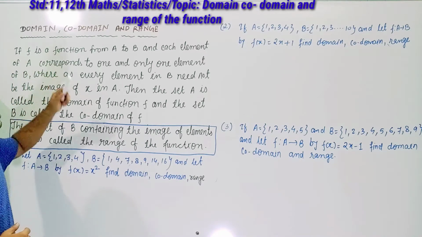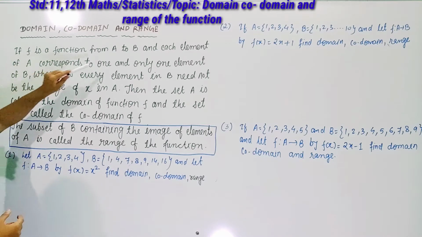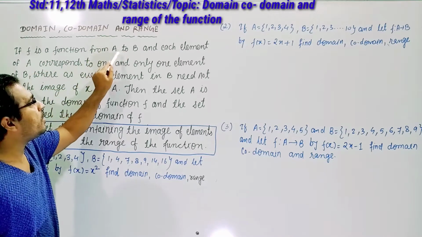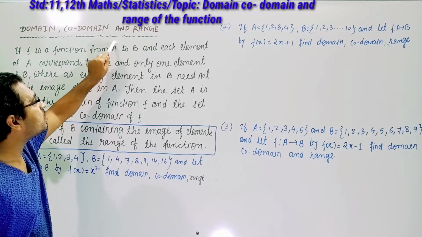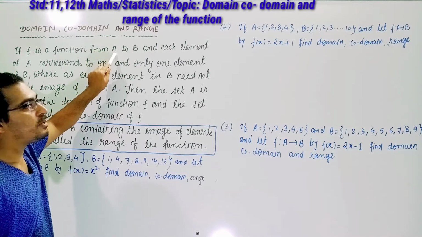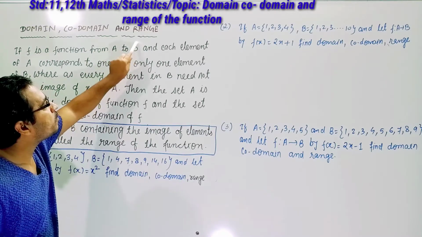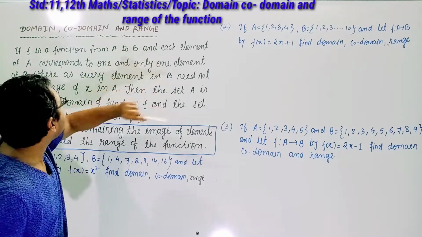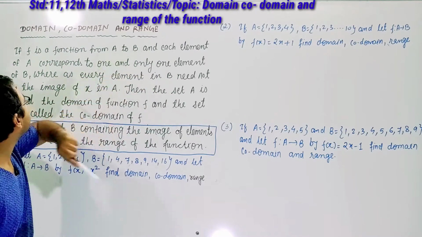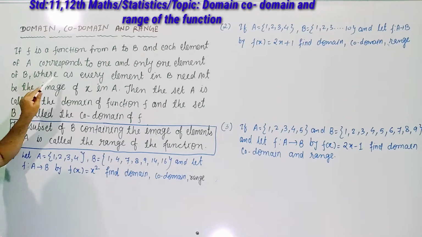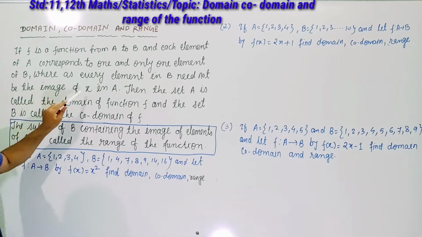If f is a function defined over A to B, the elements of A will be the domain, and the elements of B will be the codomain. Each element of A corresponds to one and only one element of B, whereas every element in B need not be the image of x.